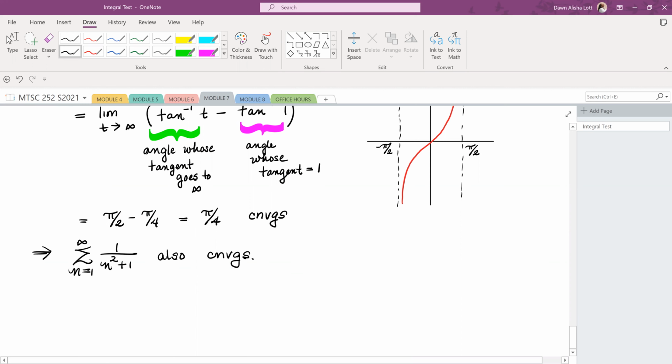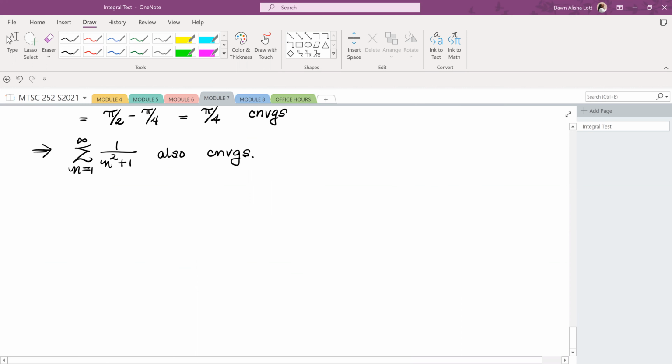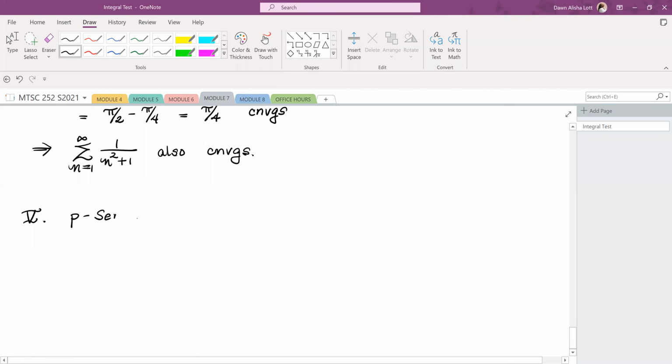Okay, so before we leave here today, we're going to do the 5th test. And this is the p-series test. And so it is of the form summation n equal 1 to infinity of 1 over n to the p.